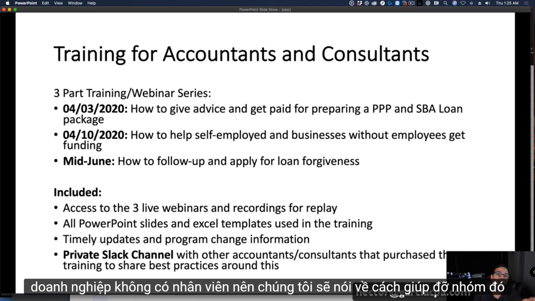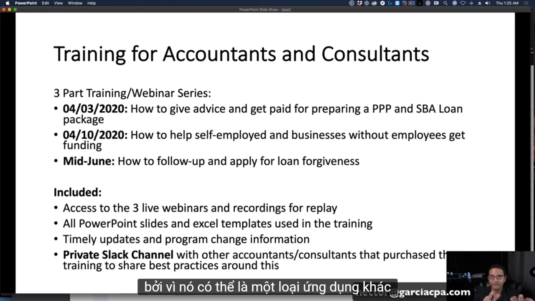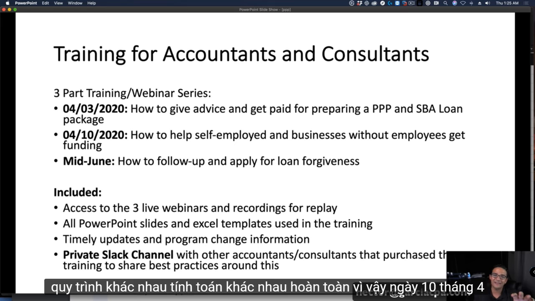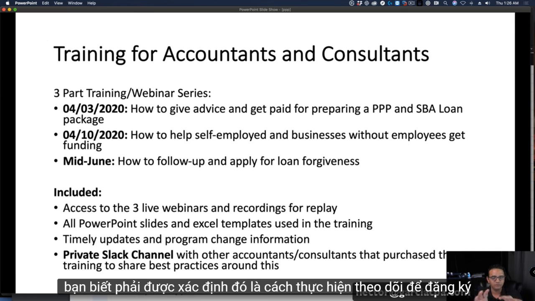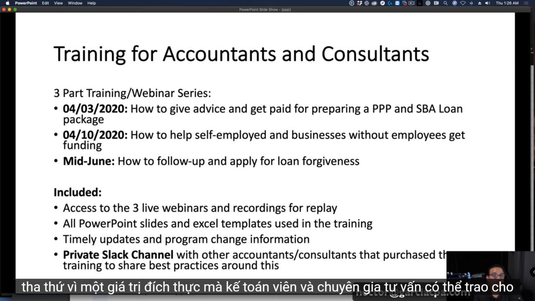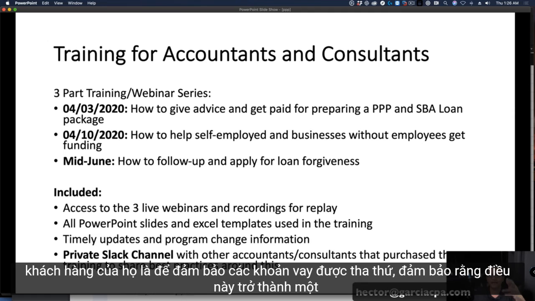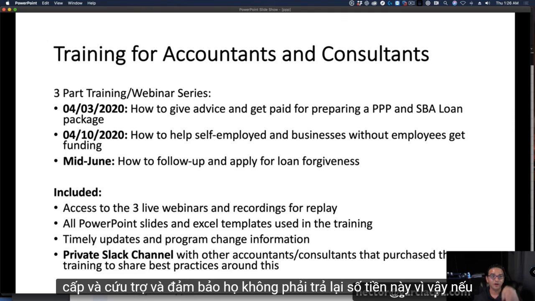We'll talk about how to help that group, because it's probably going to be a different type of application, a different process, a different calculation altogether. The next one will be mid-June, to be determined. It will be how to do the follow-up to apply for forgiveness, because the true value that accountants and consultants can give their clients is to make sure the loans get forgiven, that this becomes a grant and relief, and that they don't have to pay this money back.